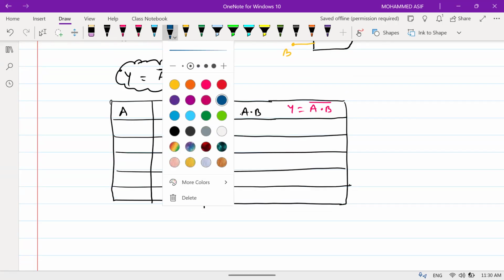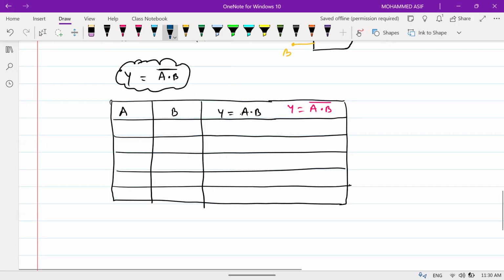Okay. Now, children, for your NAND gate, if A is 0, B is also 0. So obviously, Y is equal to A dot B. If both of them are 0, it will be equal to how much? 0. But the output of this one will be equal to how much? 1. NOT, na.